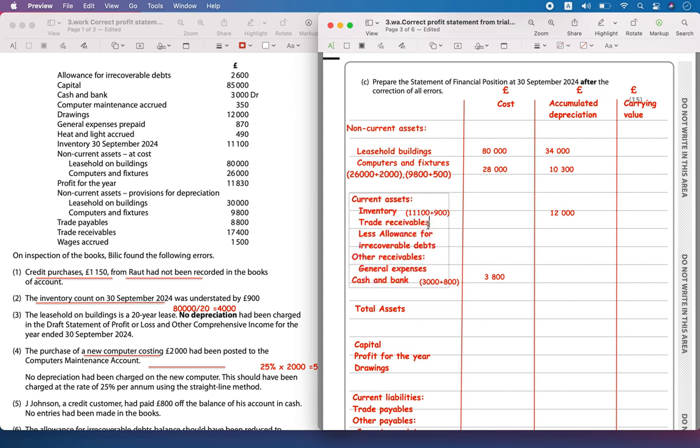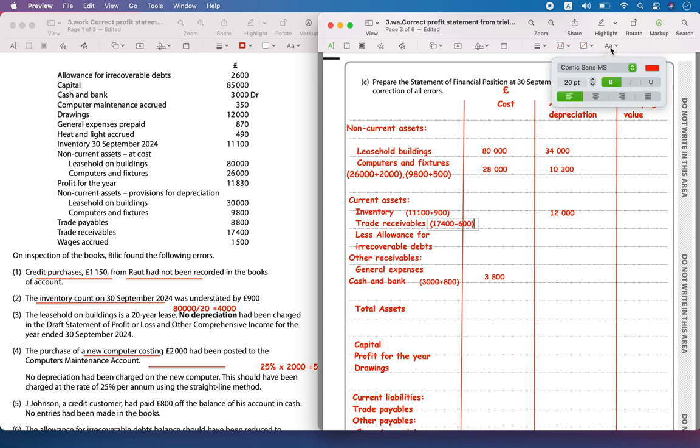Okay, trade receivables is going to get reduced by 17,400 minus, he paid back 800, sorry.